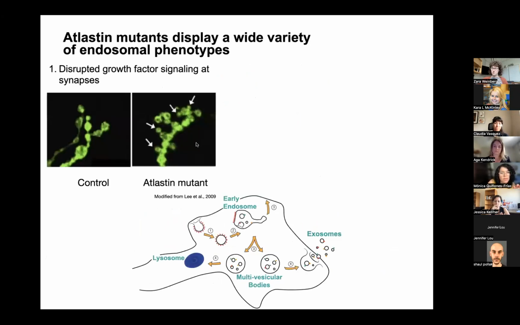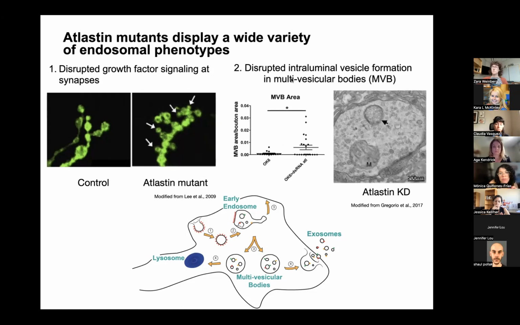And one of them is that the axon terminals of these atlastin mutants have this abnormal synaptic growth that has previously been described as being due to disrupted growth factor signaling at synapses, which is dependent on this endosomal trafficking that I was describing earlier. And the other phenotype that has been described in atlastin mutants is that they have an increased number and size of these multivesicular bodies.